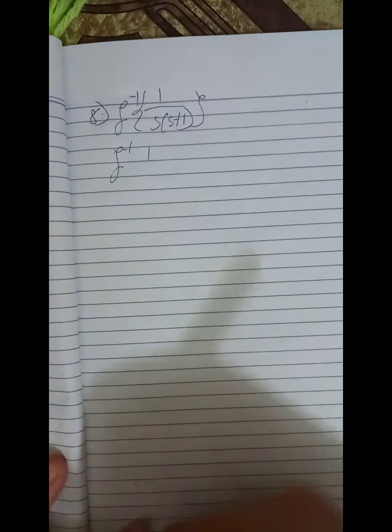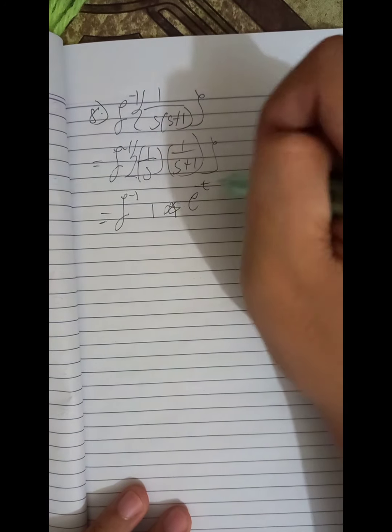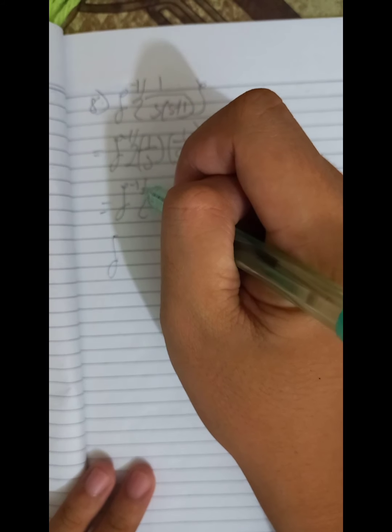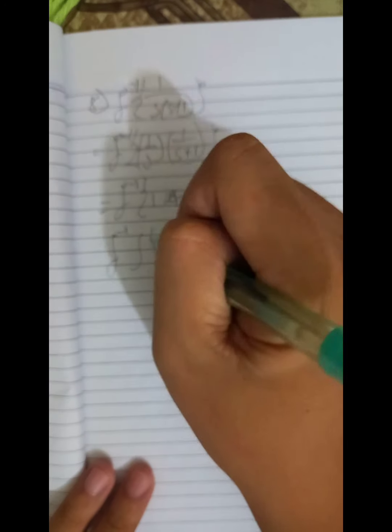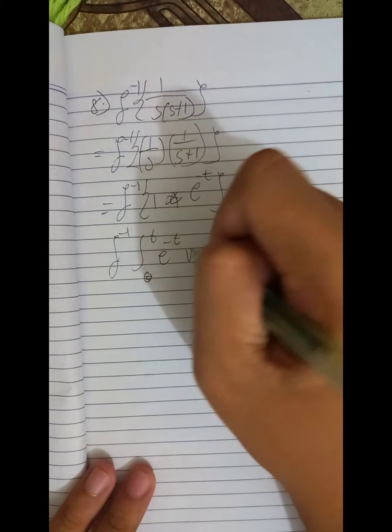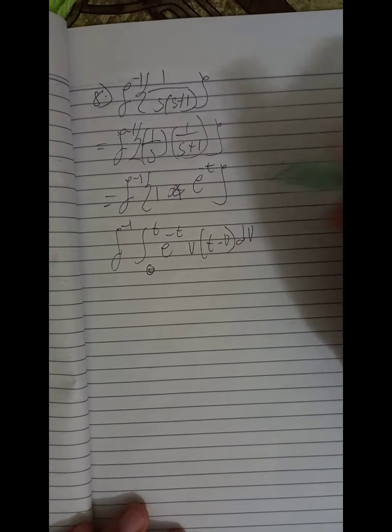Number 8 is the inverse Laplace transform of 1 over s times s plus 1. Then separate into 1 over s and then 1 over s plus 1, so that we can perform the inverse Laplace transform. So we have to perform the integral of e raised to negative v times t minus v dv.